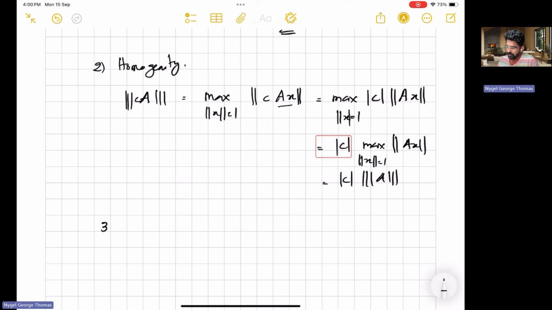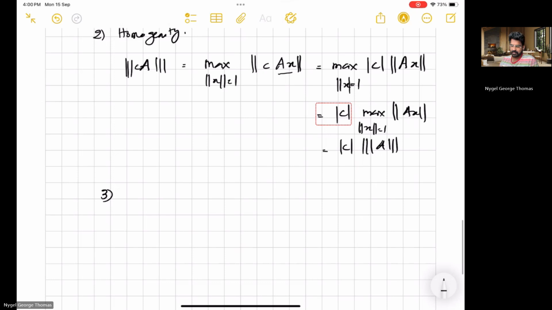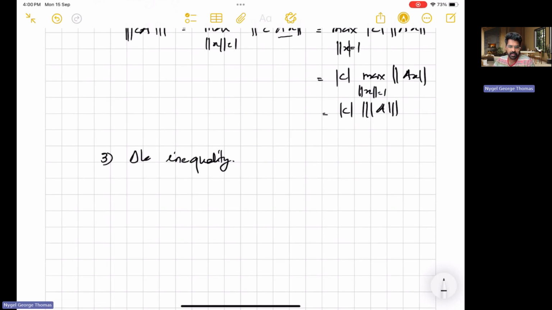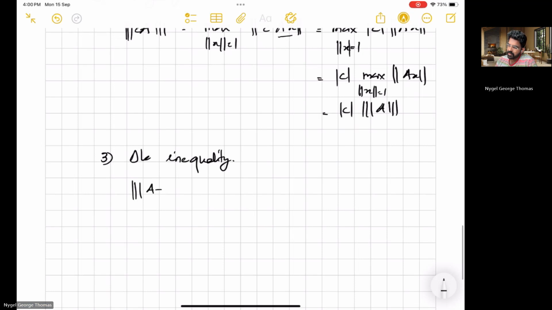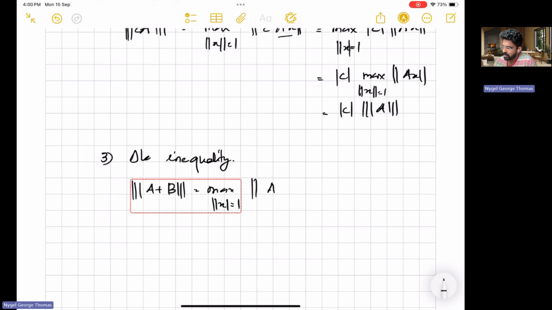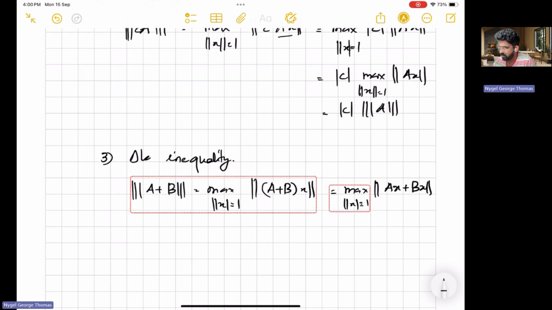So homogeneity is also satisfied. And we have to prove the triangle inequality. It's also not very difficult. We have the matrix norm of A plus B equal to the max over norm of x equal to 1 of the norm of (A plus B) times X, which is the max of the norm of AX plus BX.